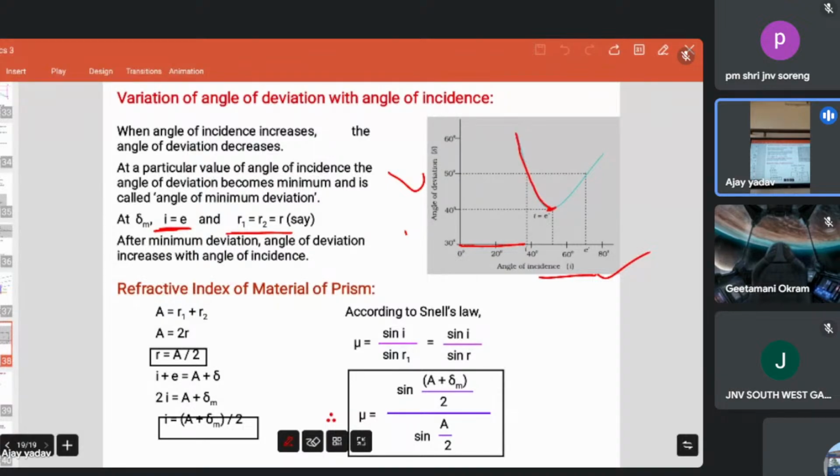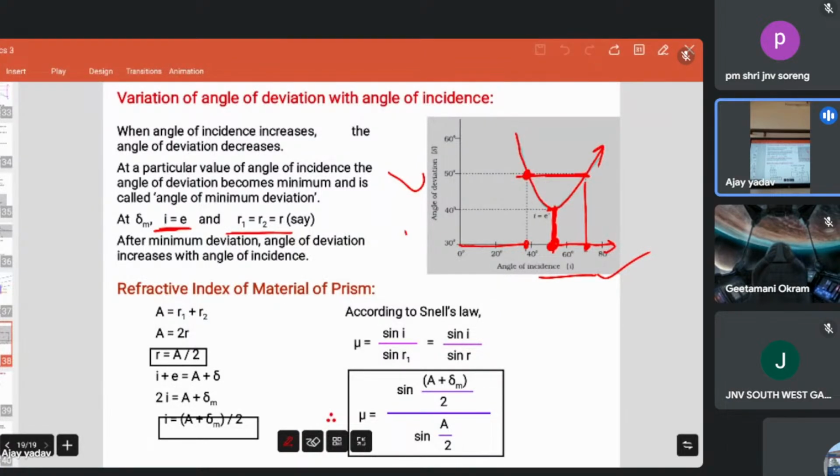At this minimum value, there is only one value of the angle of incidence, whereas elsewhere on the curve there are two values. So at minimum deviation, angle i and angle e are both equal. After this minimum deviation, when we increase the angle of incidence, the angle of deviation starts to increase again.